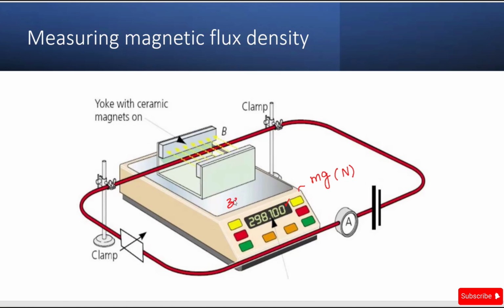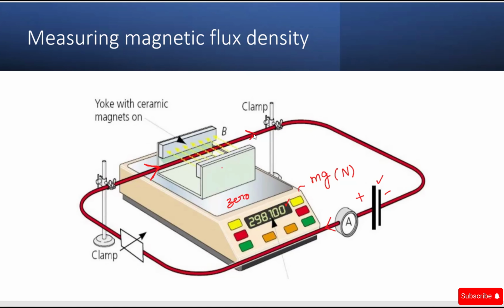We set it at 0, meaning we have subtracted the mass of this bar magnet. Then we have a wire, let's say a very thick copper wire, and we have a battery. The flow of current is along this, from positive towards negative, along this direction here.